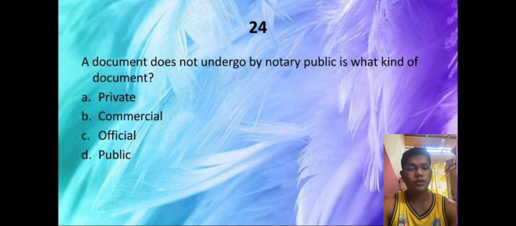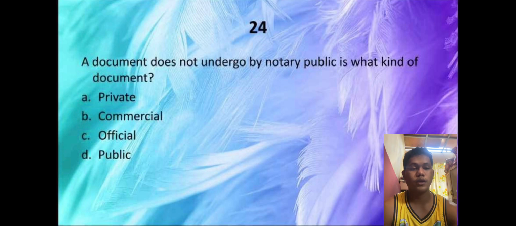So letter C, official documents are typically created by government or organizations and may include certificates, licenses, or court documents. These documents require a higher level of formality but are not necessarily always notarized.